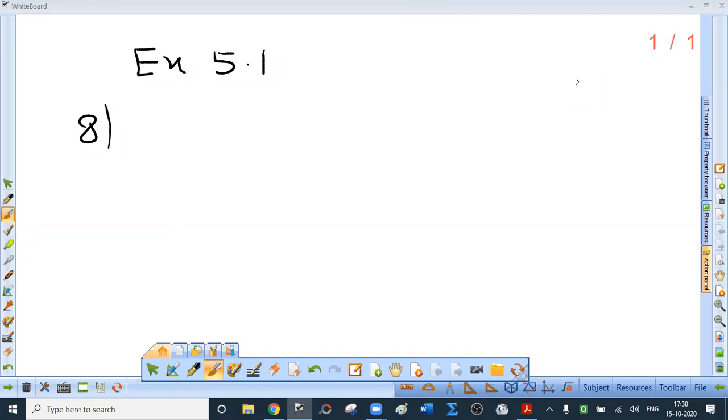Write down. You should always begin with the formulae for shift of origin.